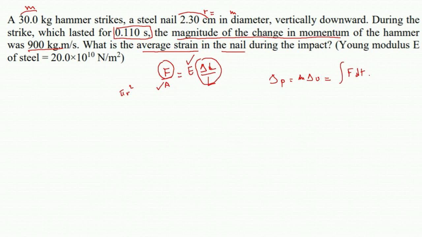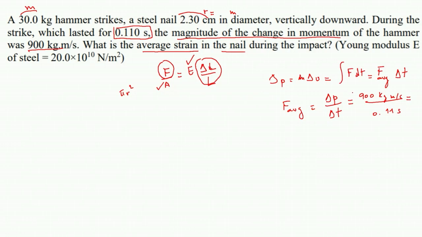When the collision force is constant, or I approximate it by an average, I will have F average multiplied by delta T. So the average force is equal to the change in momentum, which is an impulse, delta P, divided by the collision duration. I know everything here. This is 900 kilogram meter per second, divided by 0.11 seconds. So I know the average force.